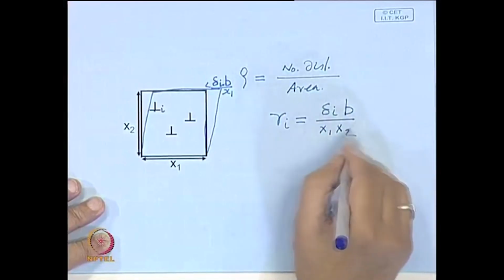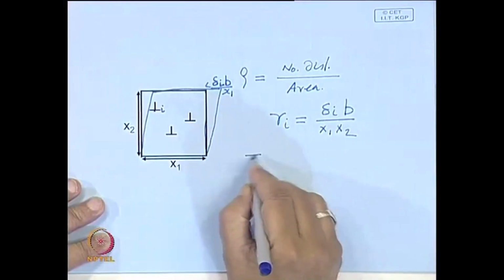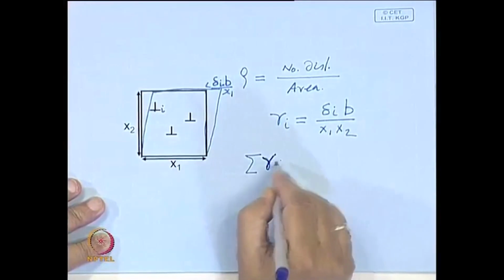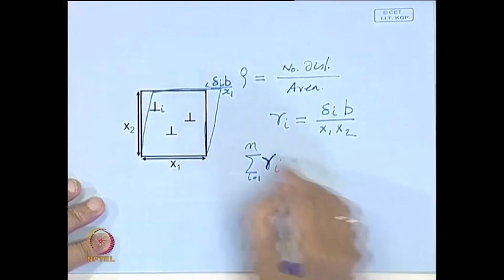Now, this is one dislocation. To get the total strain, you have to sum over all the dislocations, so i equal to 1 to n.